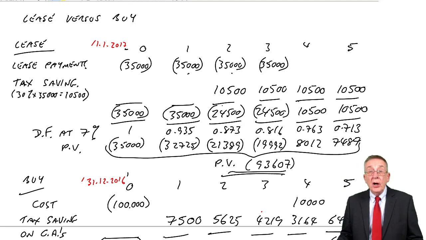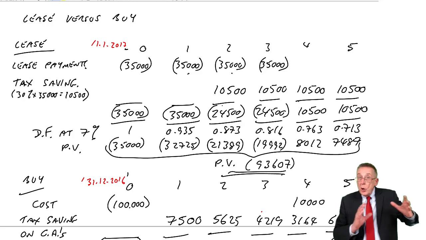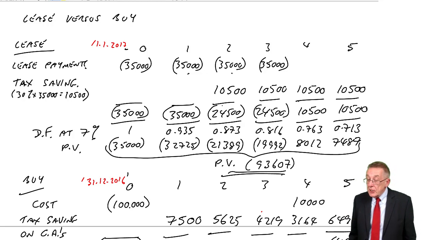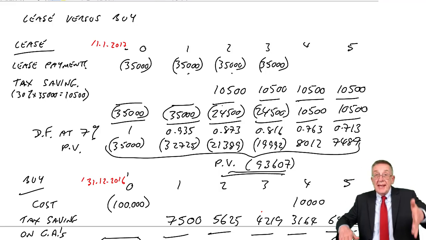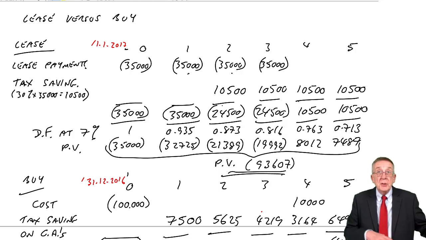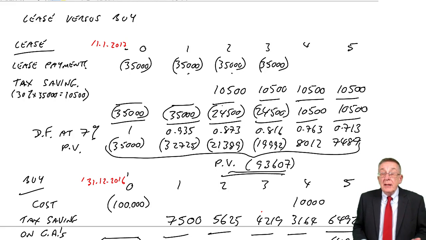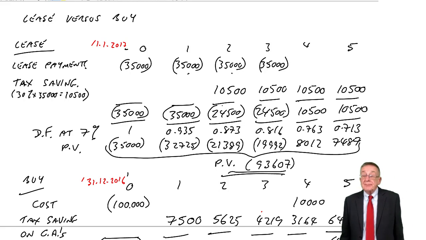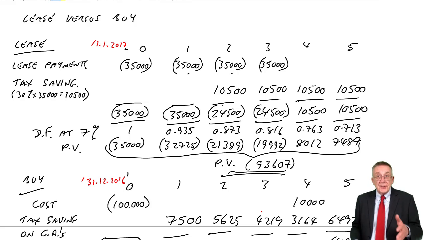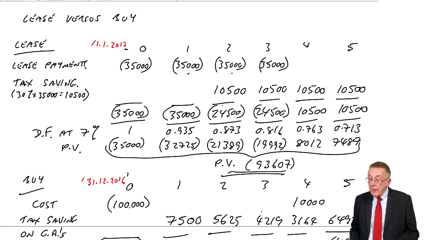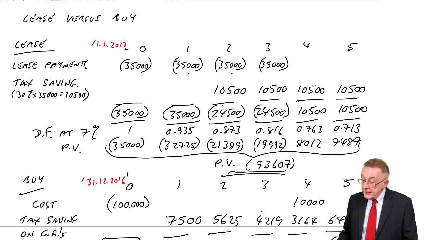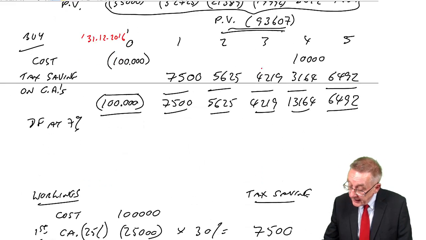Appreciate it's negative, it's a cost. You know, we're ignoring whatever revenue's being generated because that will be the same whether we choose to buy or we choose to lease. So all we want to know is which is the cheapest cost of the two. Well, leasing effectively is 93,607.